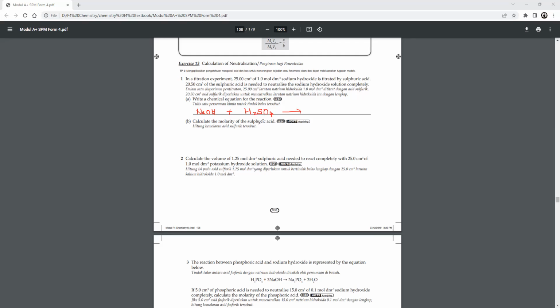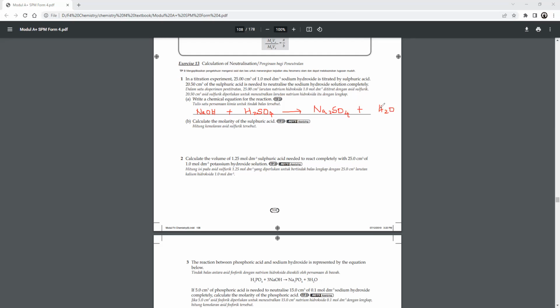And then what do you have? Balance the equation. Na and SO4. Na2SO4 plus H2O.